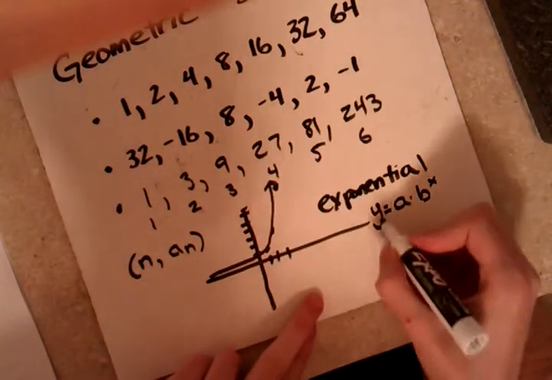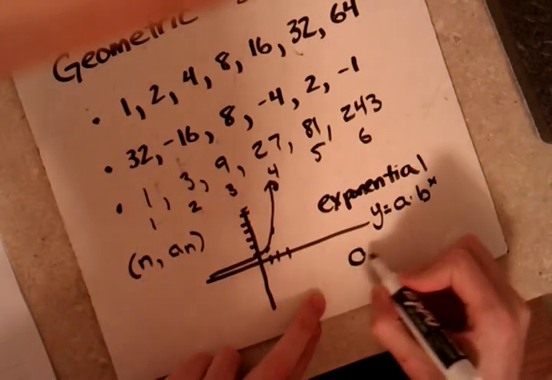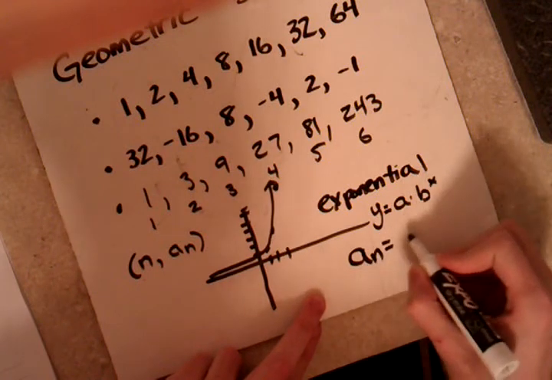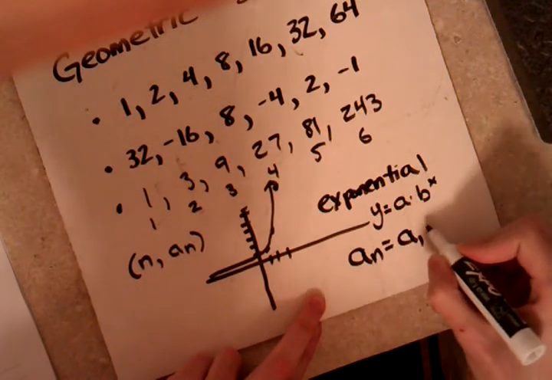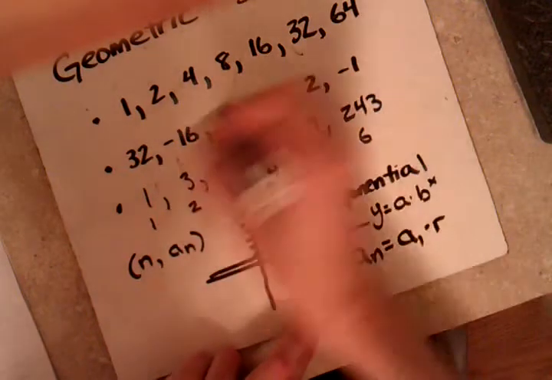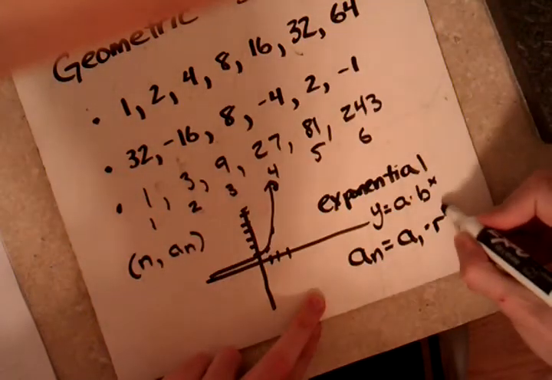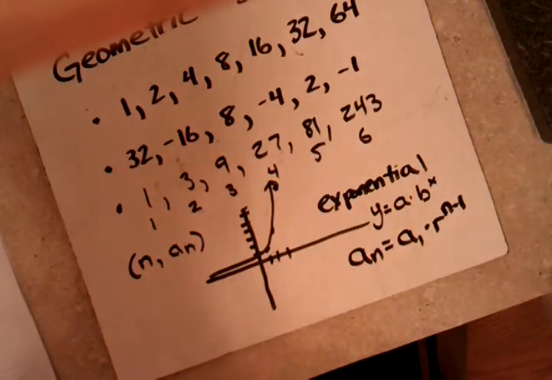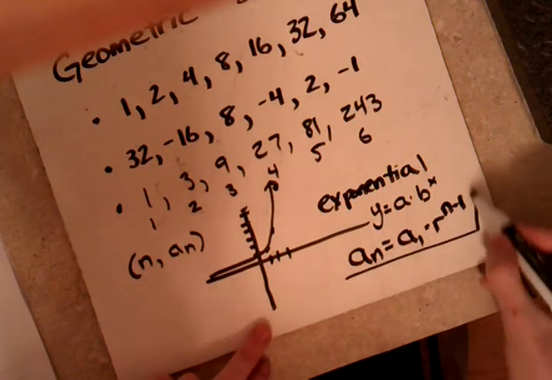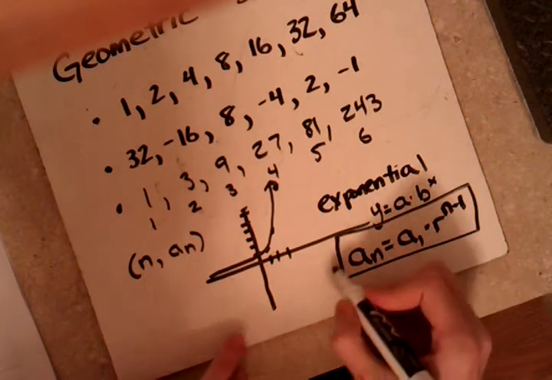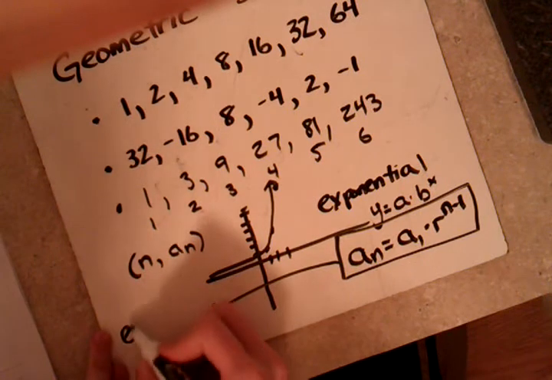So for a sequence, the formula looks very, very similar to this. A sub n is equal to your starting value times that number that you're multiplying by every time, raised to the n minus 1 power. So this here is your explicit formula.